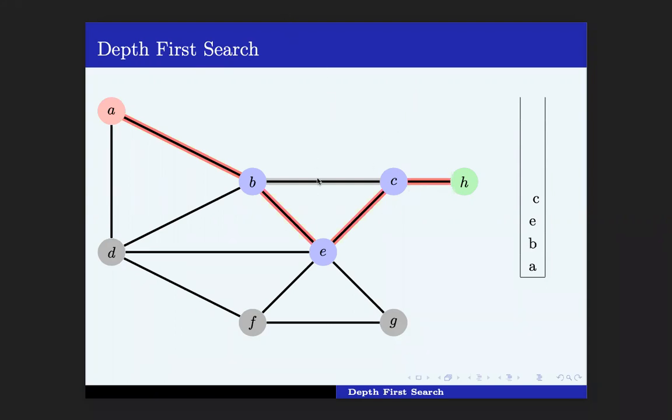Yes, so I understood the updation procedure to avoid repeating edges, but I probably missed the traversal. At which point did we go from C to B? When was this edge covered in this traversal example? Okay, here right now at this point, can you see this edge? Yes, this edge will suddenly become a bit bolder.